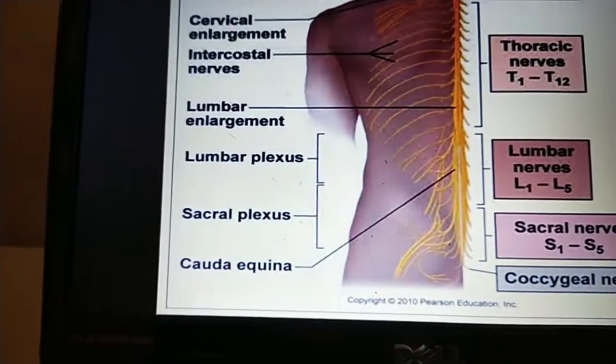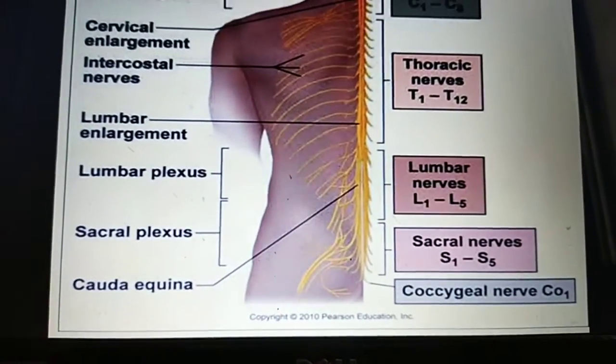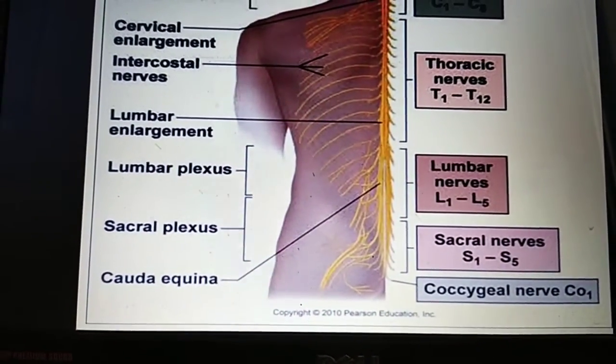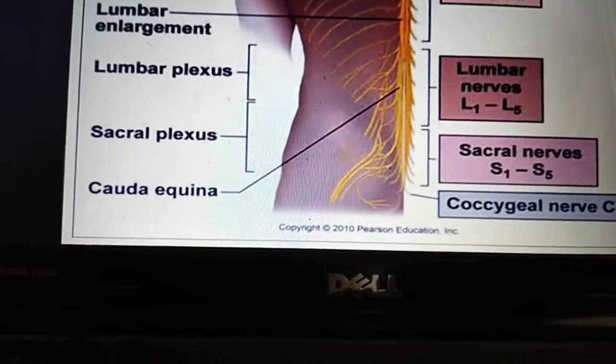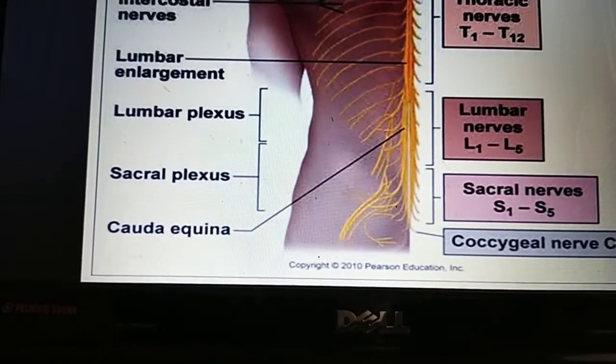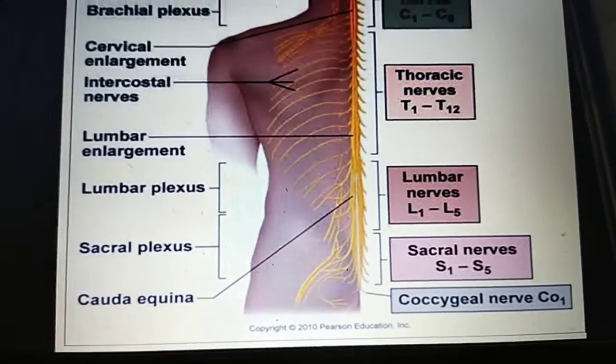And the cauda equina is there, looking like a horse tail, and the further fibers are seen as the filum terminale.